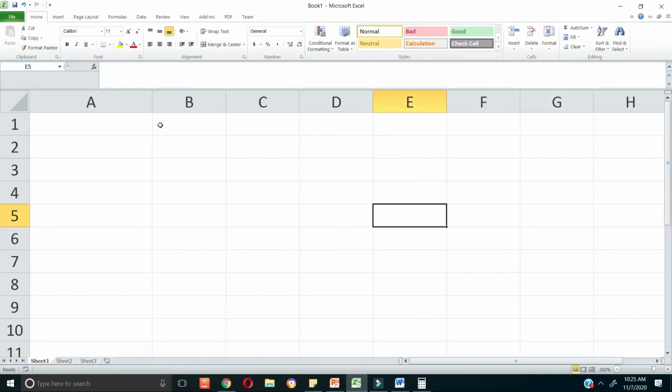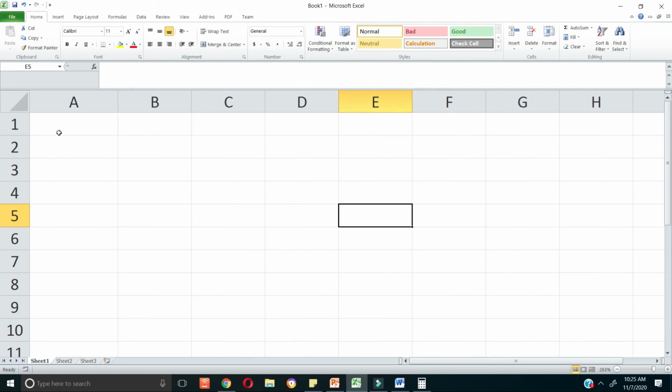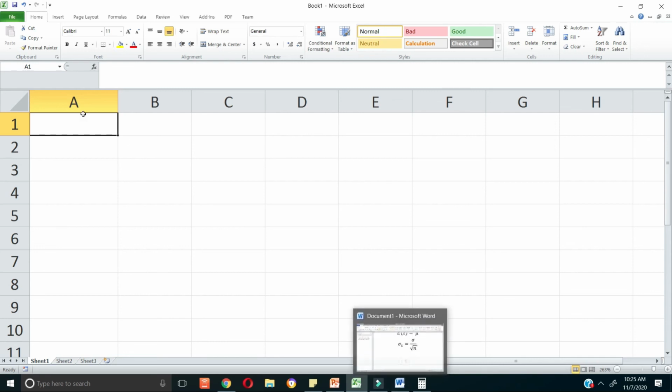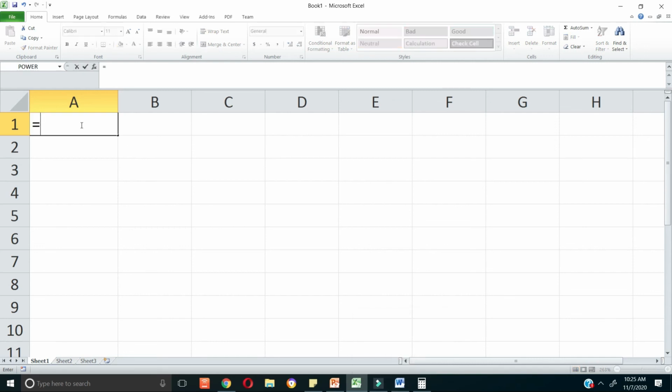We could have done this with Excel as well. If I just go back to the previous example, you can actually use the Excel NORM.DIST function if you want to find the cumulative probability.